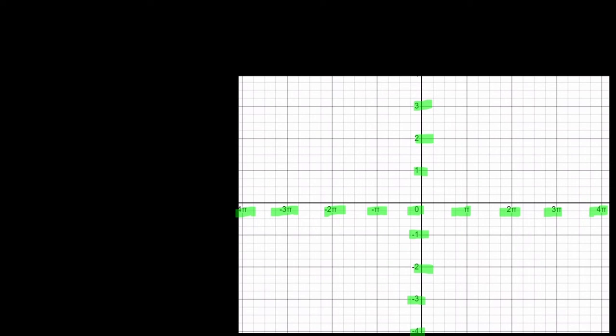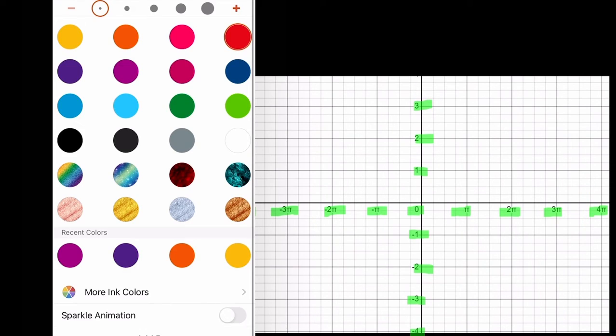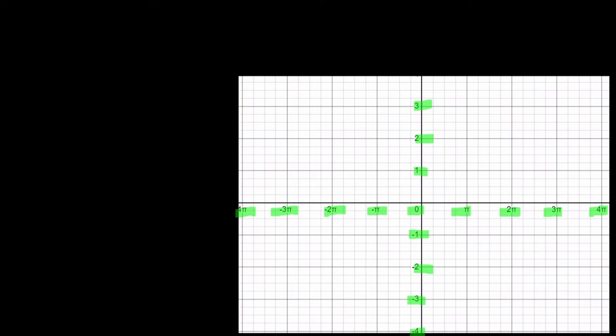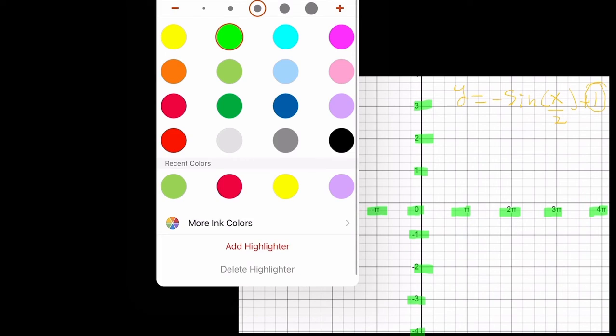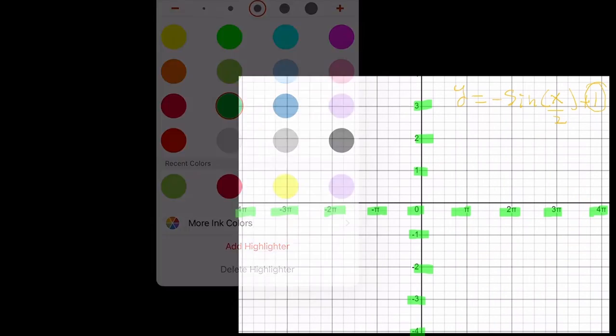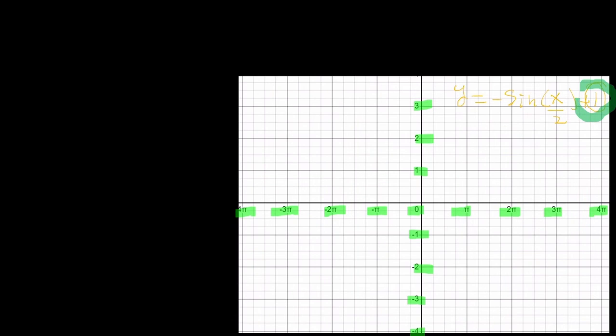Once we do this, we're going to make sure that we remember our general formula, what function we're looking for. We're looking for the function y equals negative sine of x divided by 2 plus 1. Because we have a 1 here, we have to go 1 up. So let me get a different color so you can see it. Because we have a 1, we're going to go from 0, 1 unit up.